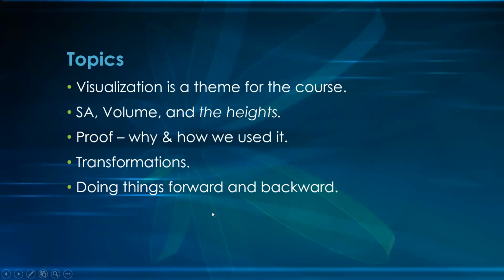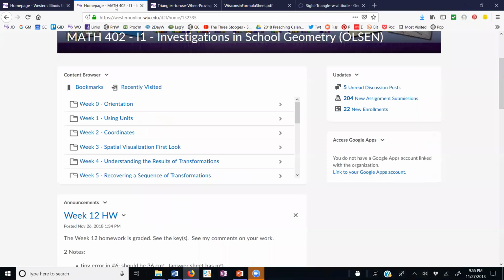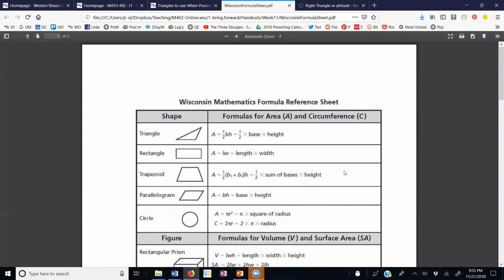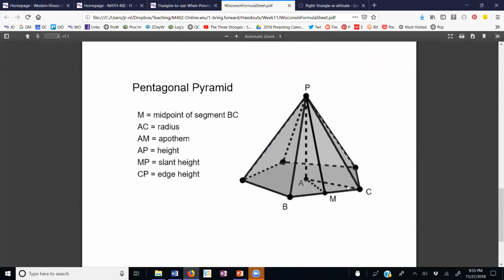The second example I might give for visualization is visualizing the relationships in a pyramid. So let's jump over to the Wisconsin formula sheet that's going to be provided on exam 2 and the final exam. And we have down here an example of a pyramid. This happens to be a pentagonal pyramid with the apothem, the radius, and the three different heights.